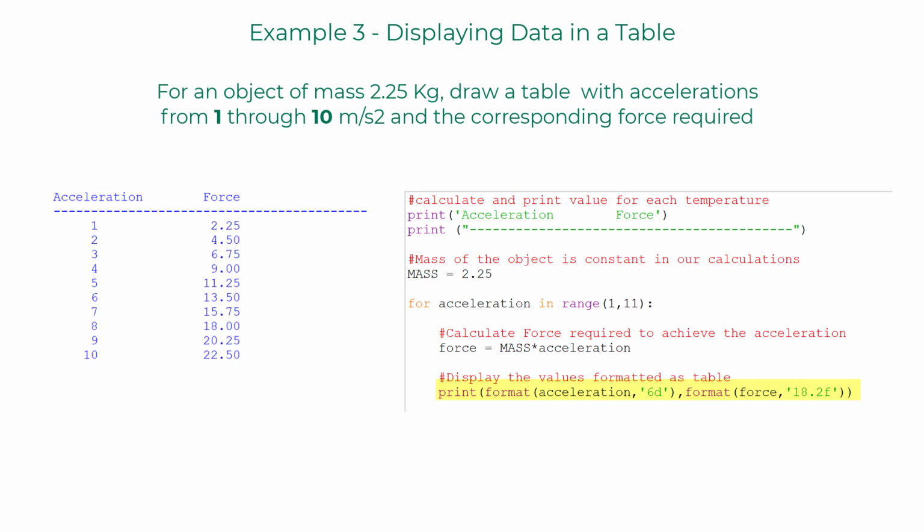When I say format acceleration, 6d, I'm assigning 6 spaces in which the acceleration values are going to be populated. After which I've said format force, 18.2f. So what this means is I'm assigning 18 spaces, and in those 18 spaces, I'm going to populate the force values up to 2 decimal precision.